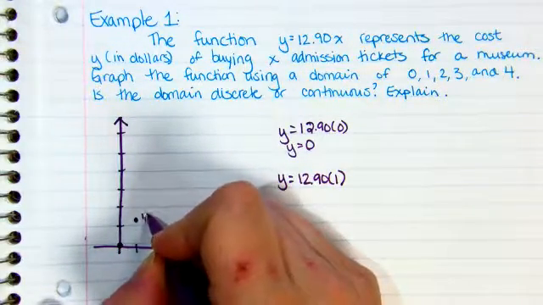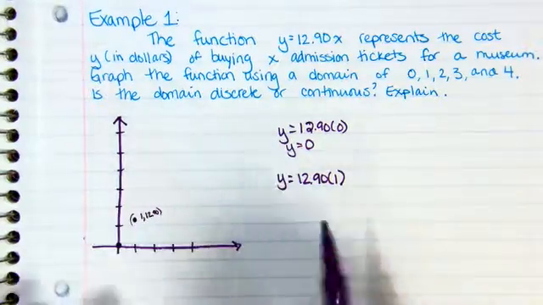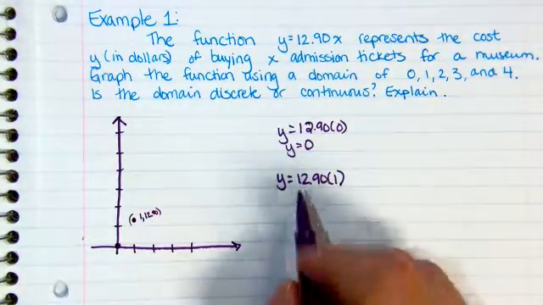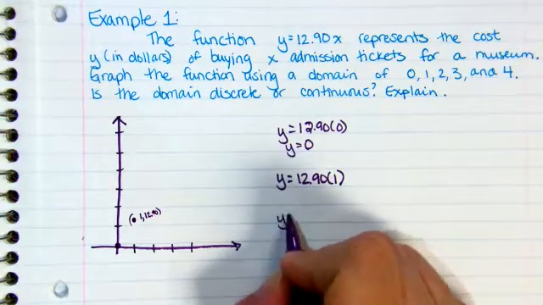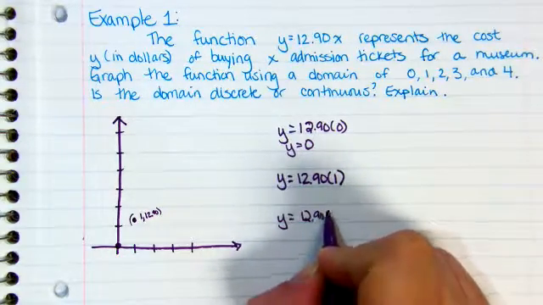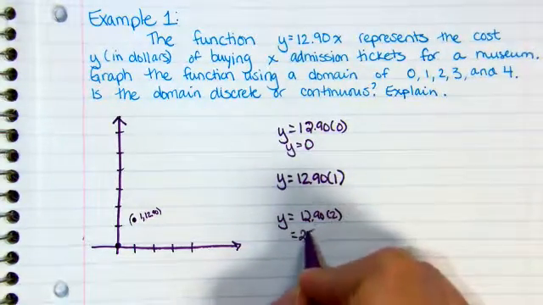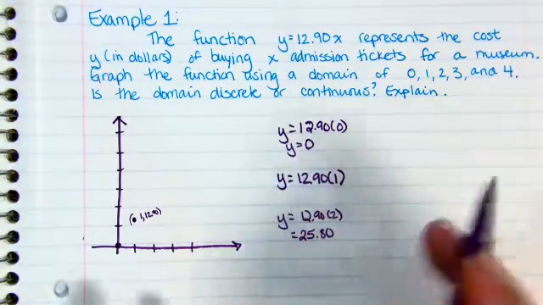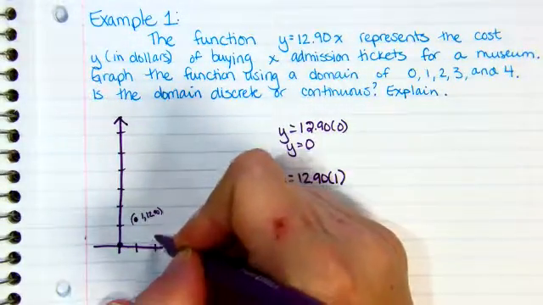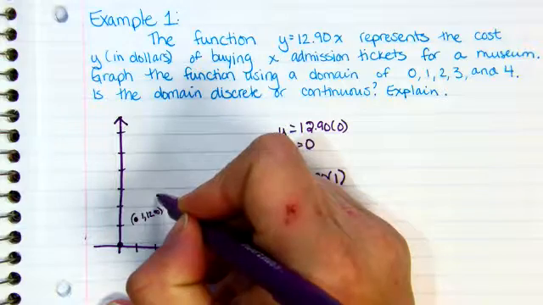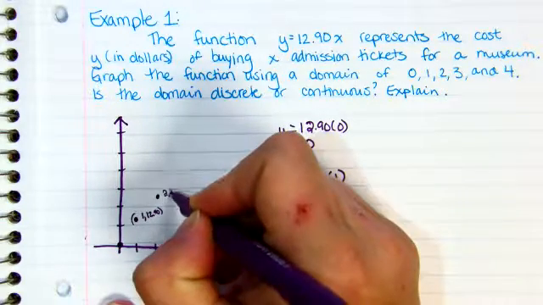That's the point (1, 12.90). If I buy 2 tickets, 12.90 times 2 is $25.80, which is about there.